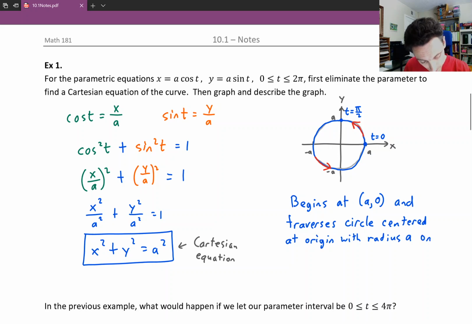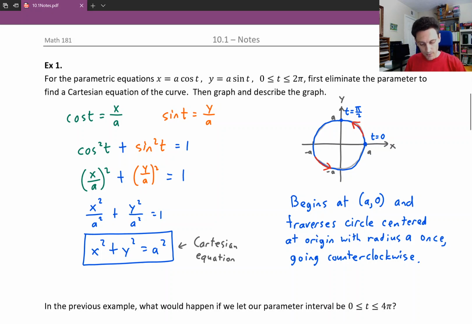Goes around once, going counterclockwise. There. So we've graphed it, and we've described exactly what that graph is doing, and not only that, but we've described the direction that the particle is moving as it goes along that graph.